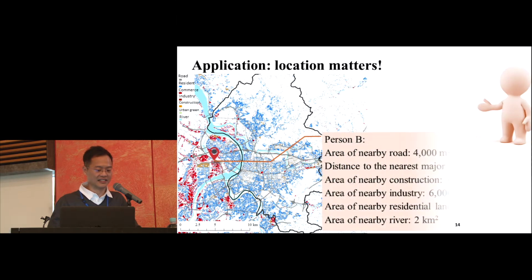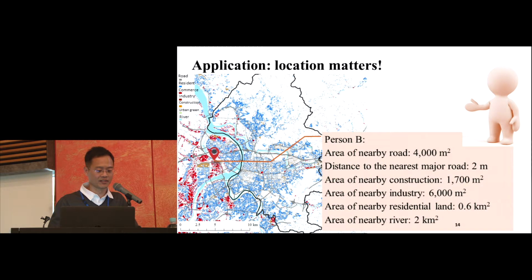Let's look at another example. Person B lives in a place where the surrounding area of nearby road is much higher, 4,000 square meters. The distance to the nearest major road is only 2 meters. So he lives with traffic and a major road just nearby.